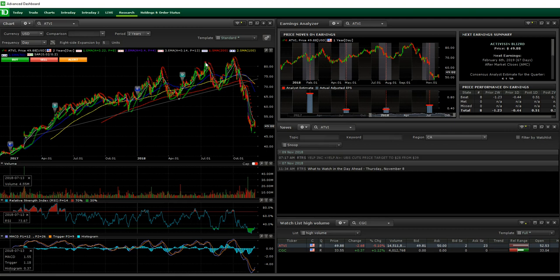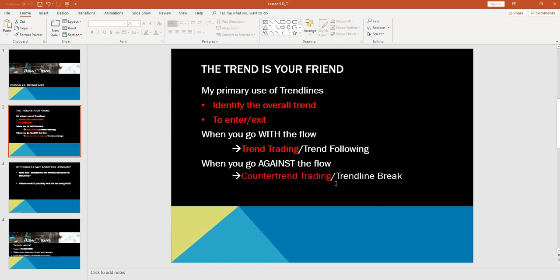So you go ahead and draw the other trend here. You're thinking the price is going to either continue down or make its way back up, but you are feeling bullish relative to the current price action, which is going down, and so that would be counter trend. That's when you go against the flow.